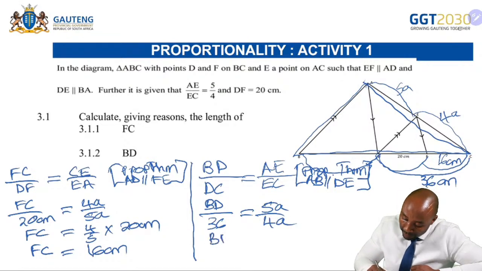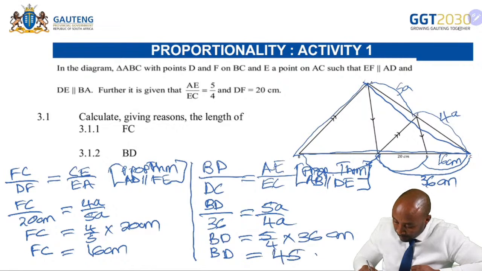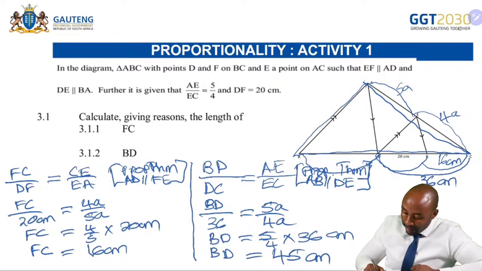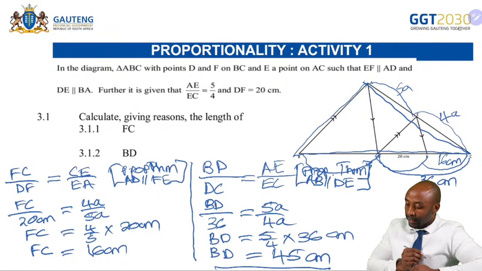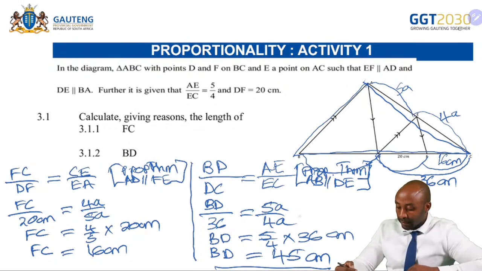So my BD becomes 5 over 4 times 36 centimeters, and this will give my BD as 45 centimeters. And I will get my full marks again. I get my mark for the statement and reason, as well as substitution, then I get my solution.